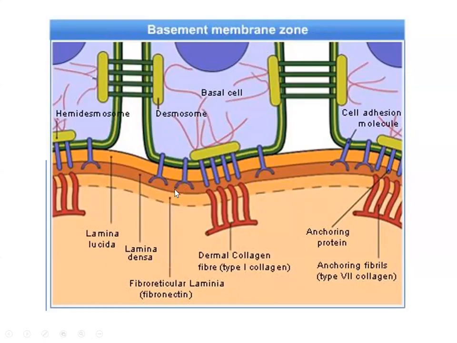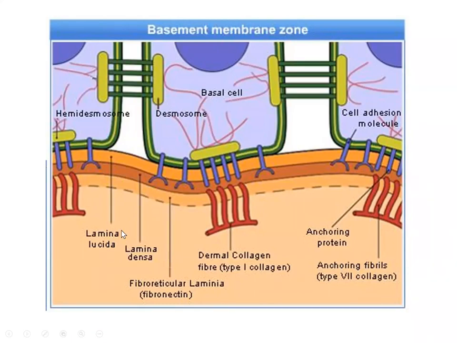And the basement membrane again is bound to the dermis with different types of collagen. You can see that type 1 and sometimes type 3 collagen is found in the dermis, binding the basement membrane with anchoring fibrils or type 7 collagen. So there are different types of collagen here.